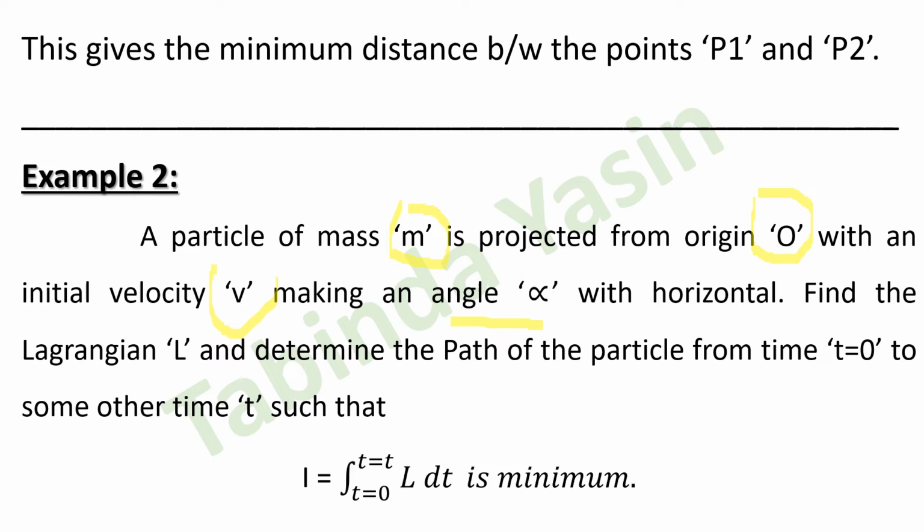Find the Lagrangian L and determine the path of the particle from the time t is equal to 0 to some other point t, such that I is equal to the integral from t is equal to 0 to t of L dt is minimum. That is also the Euler's equation.